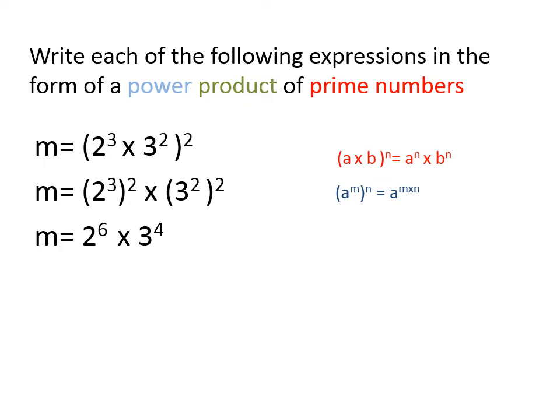We have to write the base, which is 3, and multiply the powers. 2 times 2 is 4. Here is our final answer. It's a form of power product of prime numbers, which are here in this case 2 and 3. We know that they are prime numbers.